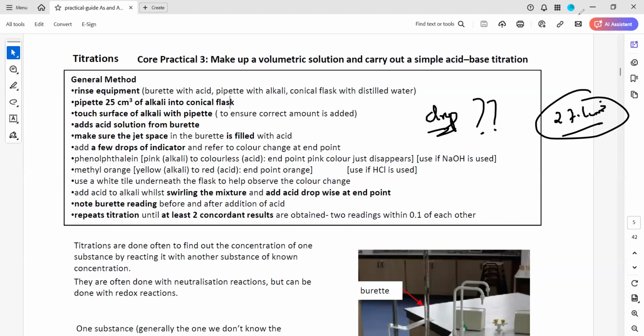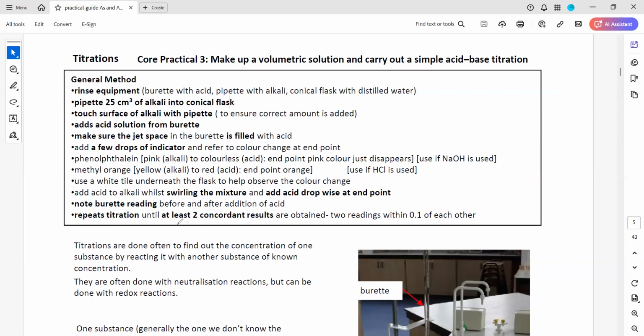And then how do you know how many times you should do the experiment? Until at least two results are concordant, within a range of 0.1, or 0.2 is also acceptable. Like when I did the first experiment, the range finder, I got 28, let's say. When I did the second experiment, I got 26.9. When I did another experiment, I got 26.4.